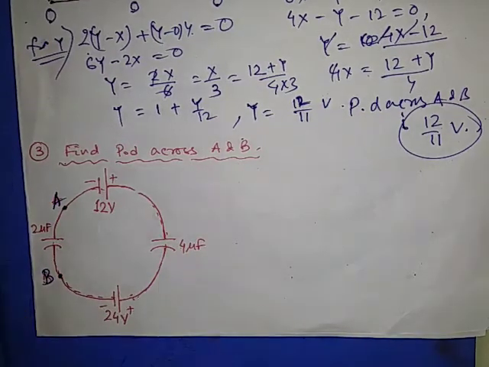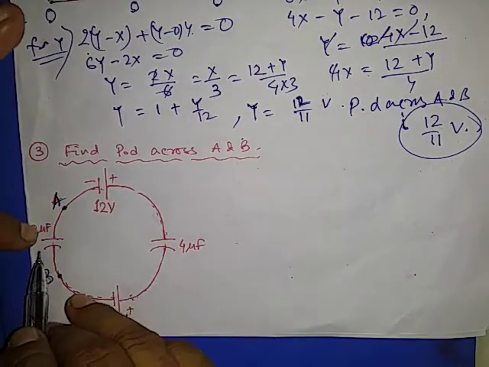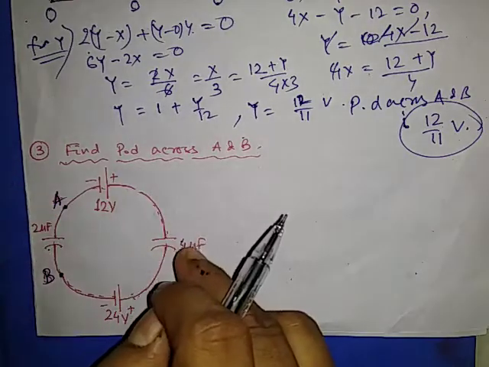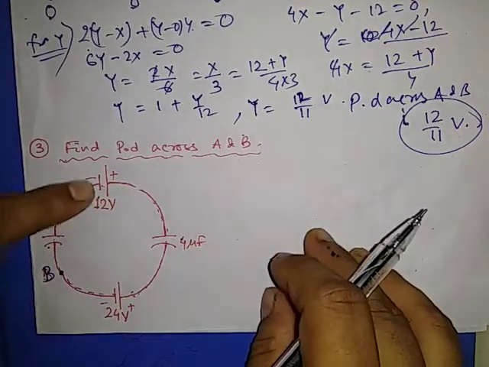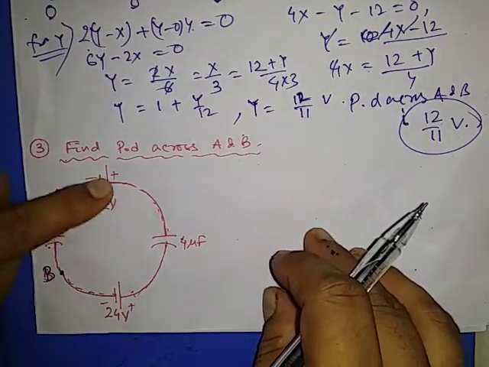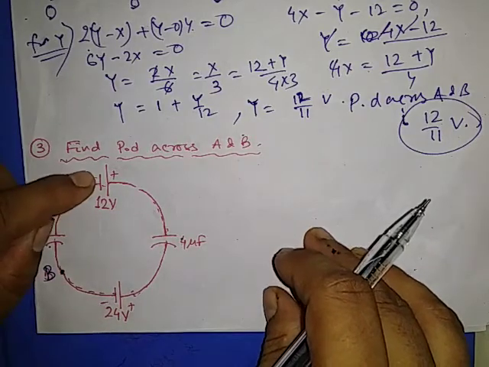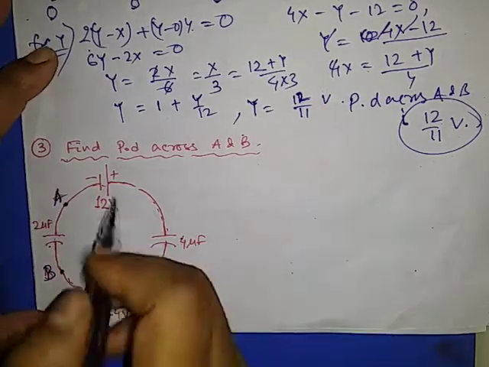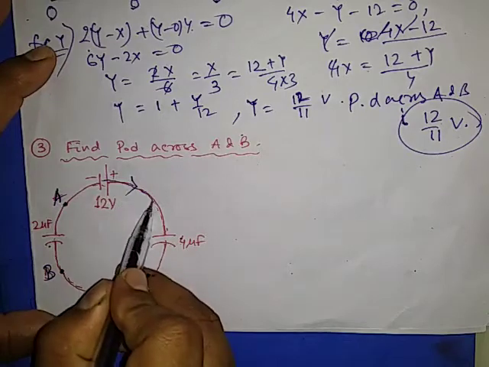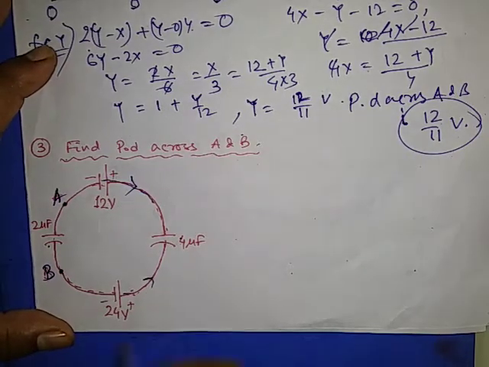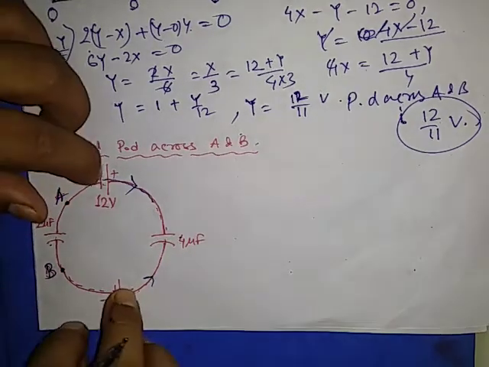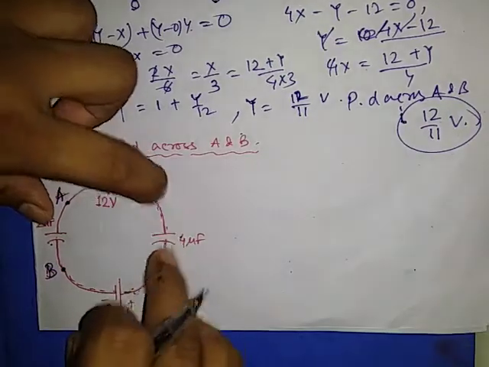First of all, what you have to do? Take 2 and 4 in the proper way and attach the potentials the proper way, like this. If 12 volt, the current passes in this direction and from 24 in this direction. So the currents from 12 and 24 oppose each other.